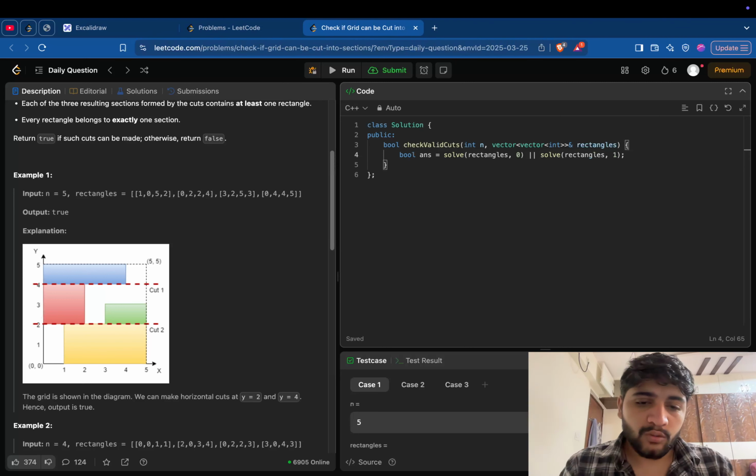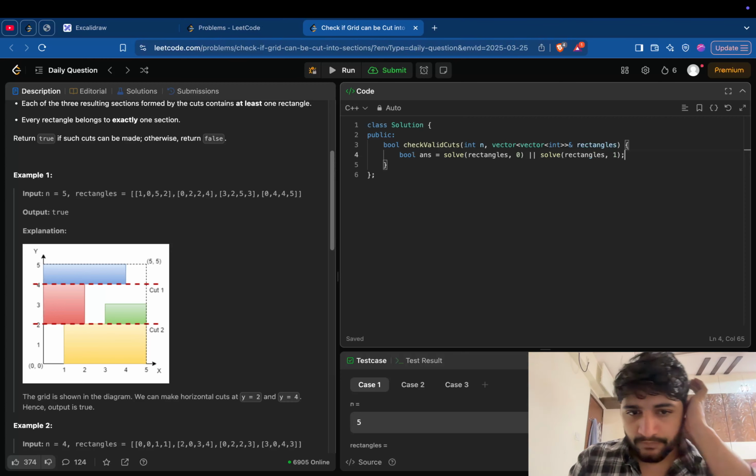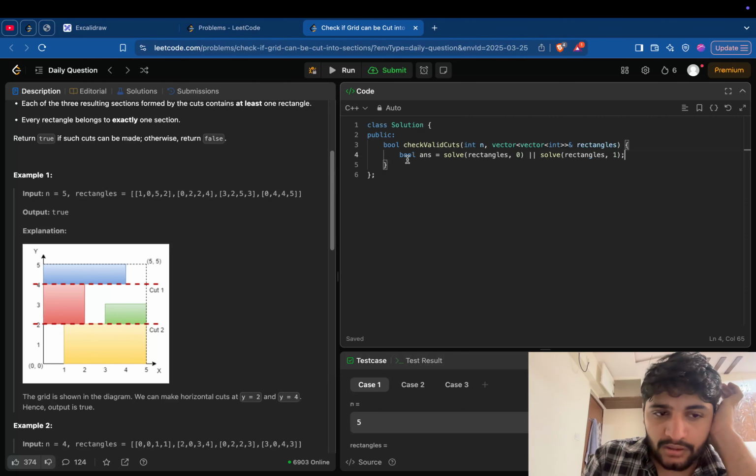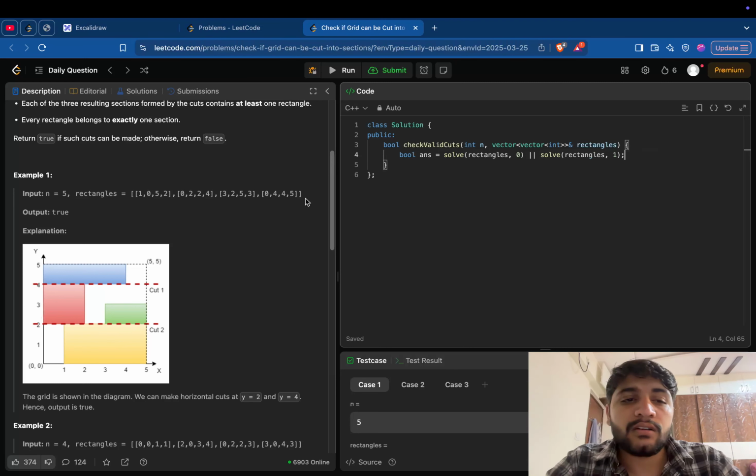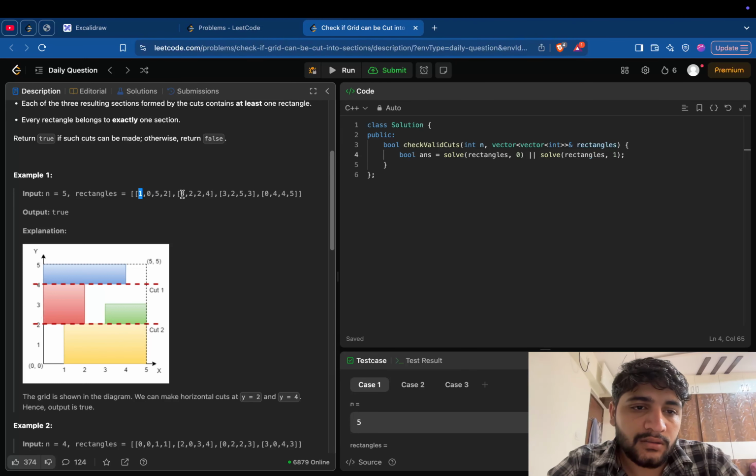And you will get to know why I'm doing this as 1, because while sorting it, if we have the x-axis, then we will sort it on the basis of this zeroth element.